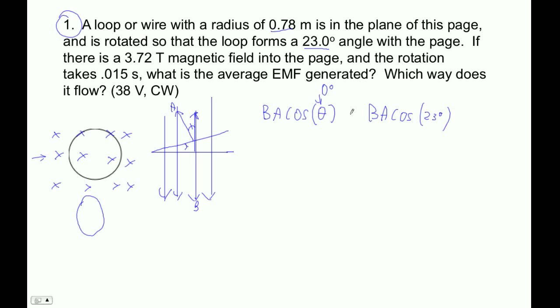So ultimately, we have BA cos theta of full flux minus that flux, and that's our change.